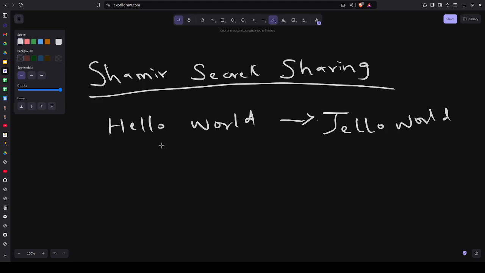Yeah. So right now, I've not yet started talking about Shamir secret sharing. I'm just talking about using a polynomial to encode information. One thing we could do is give each of these letters a number, right?